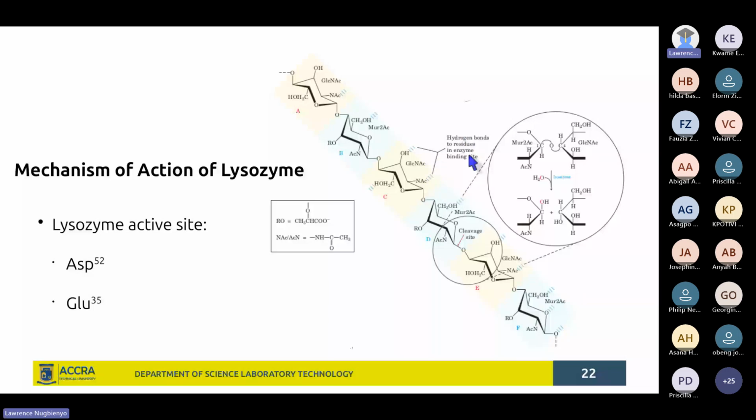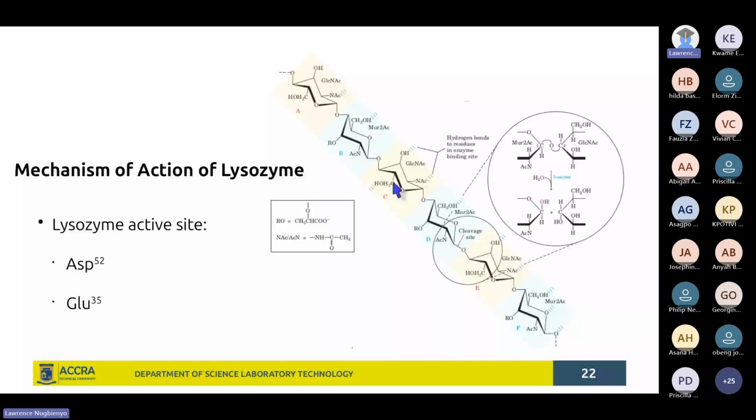You all remember the aspartic acid and glutamic acid. We did mention that in the side chain of these amino acids, you have a carboxylic acid group. So those carboxylic acid groups can have hydrogen bond interaction with the hydroxyl group on, say, carbon number 6 of that glucose derivative. Or if you look at it clearly, this rather should be the carbon number 6.